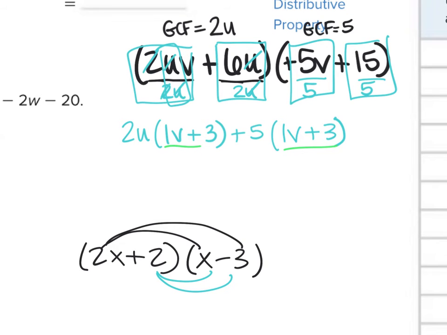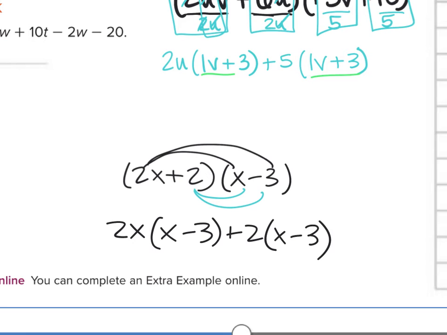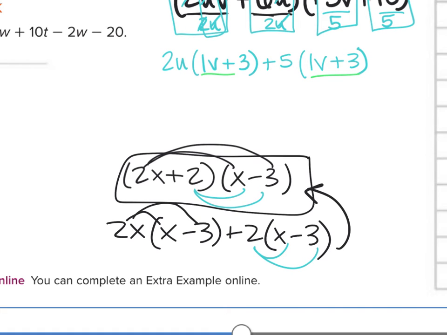I write them together, though. So you see how I'm doing the same thing here? I'm multiplying 2x by each of those. I'm multiplying 2 by each of those. So they want us to simplify it down to this form right there. So how could I make this into just the 2 sets of parentheses like that?